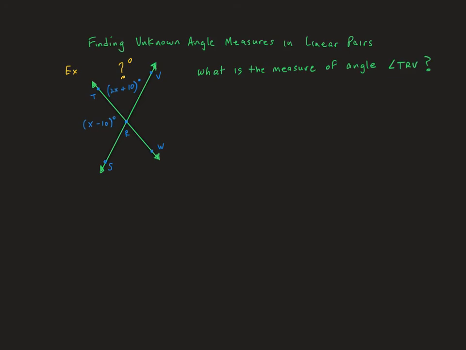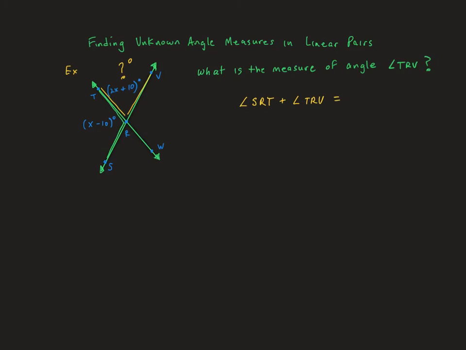I know that SRT plus TRV, okay, those are adjacent angles because they're right next to each other. And I should hopefully be able to pick out that angle SRT plus angle TRV is going to be equal to something.